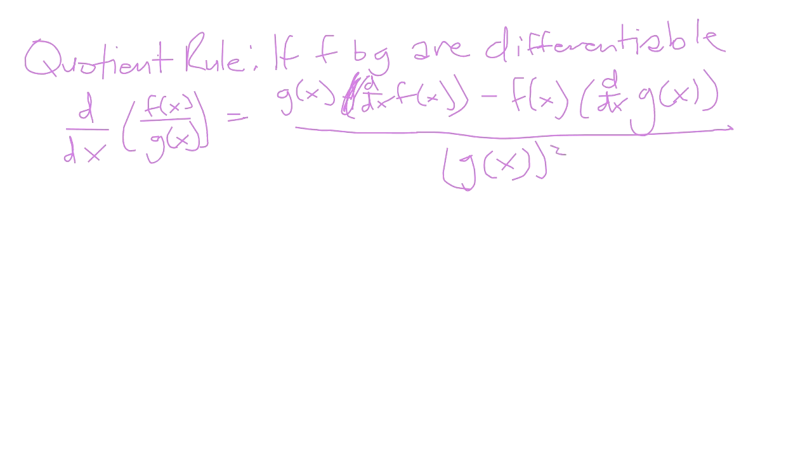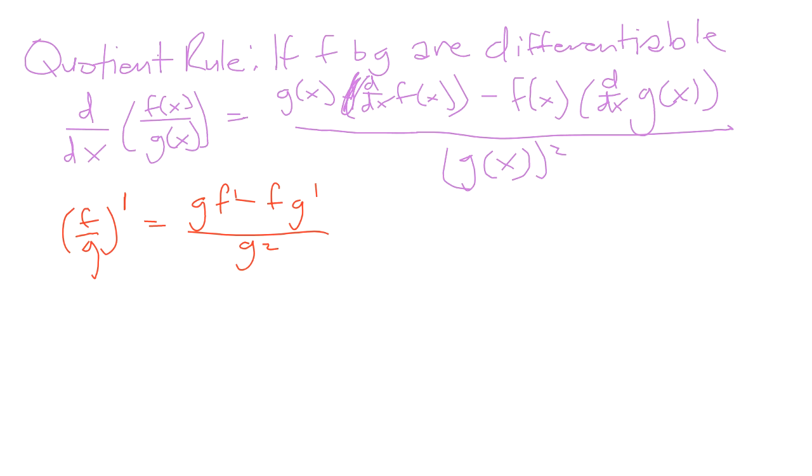Or if we want to put this in prime notation, we can say that f over g prime equals g times f prime minus f times g prime, all over g squared.